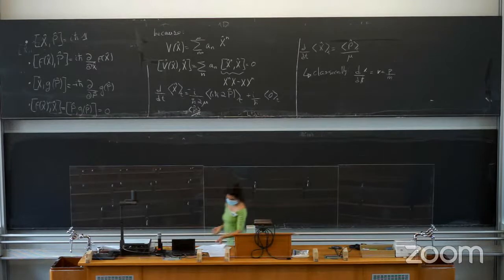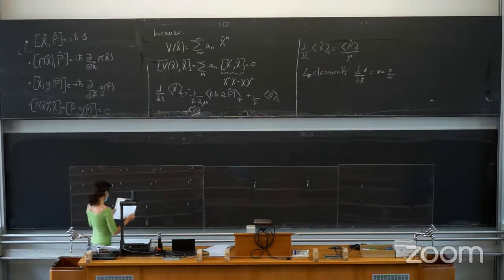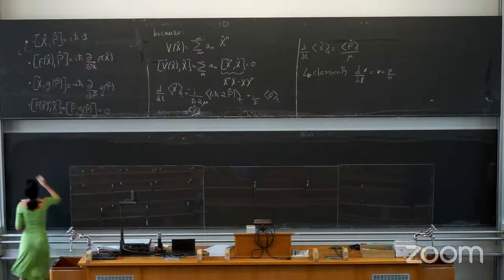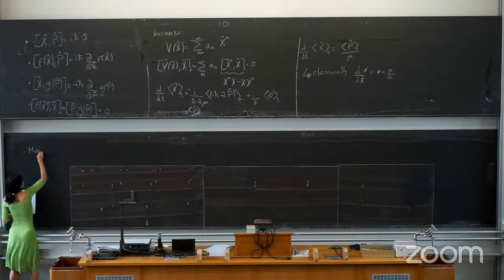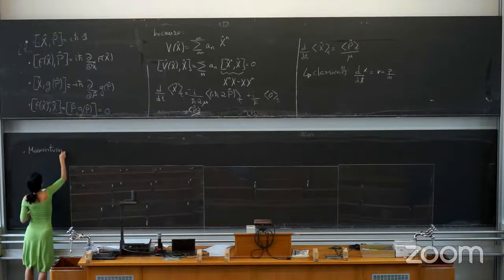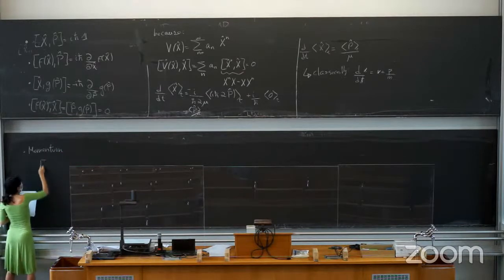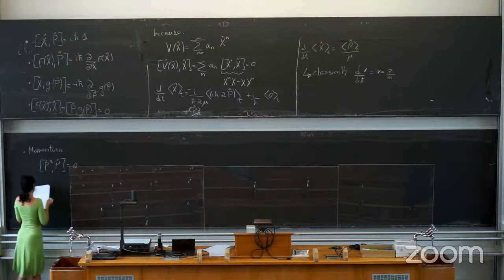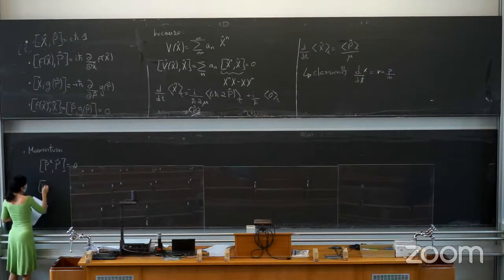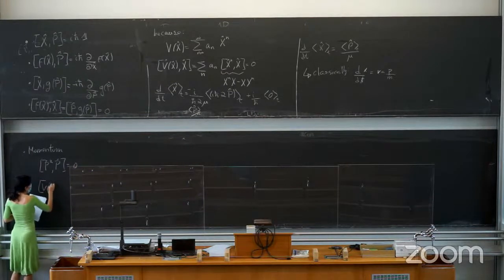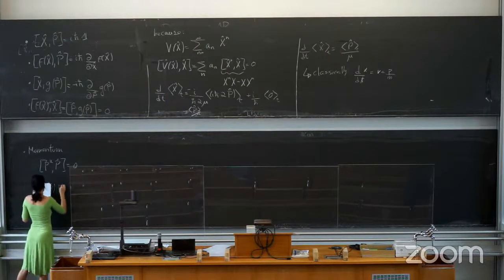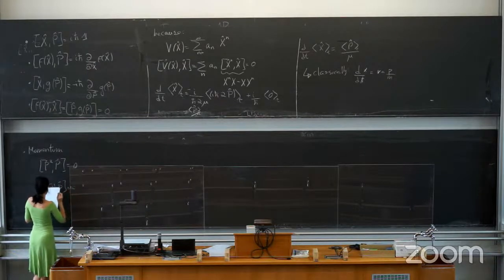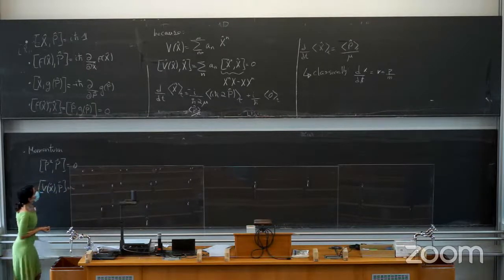Okay, let's do first the momentum one. Again, we need to compute these two commutators. P squared with P, luckily, is just 0. And V of x with P is the minus sign that's missing.